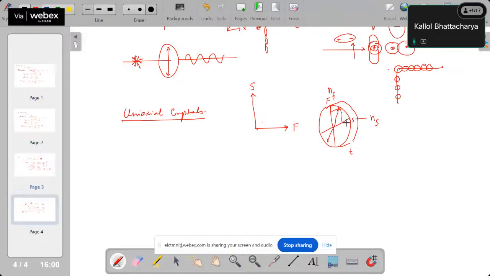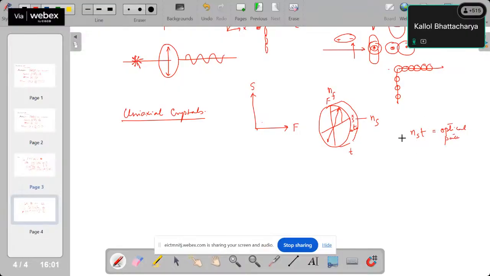Then these components will travel through the crystal at different velocities. The x component will see a refractive index of ns, assuming that the slow axis is along the x direction, and it has to travel a distance of t, the thickness of the crystal. Then ns into t is the optical path. Optical path is refractive index into the actual path.